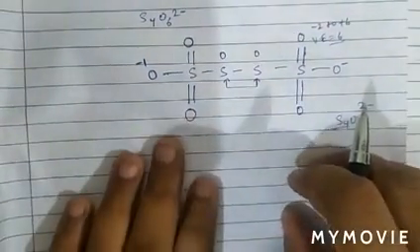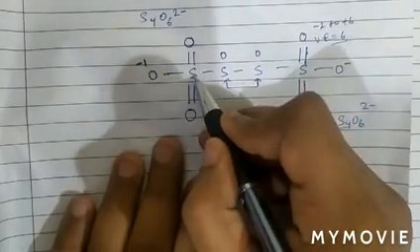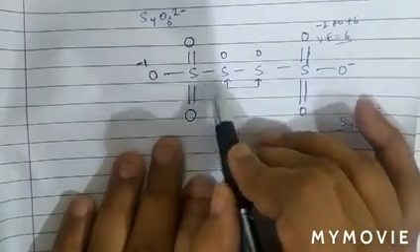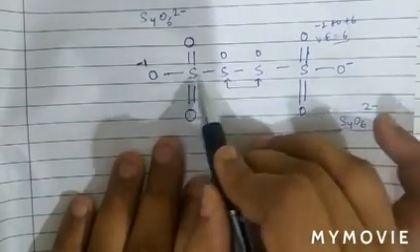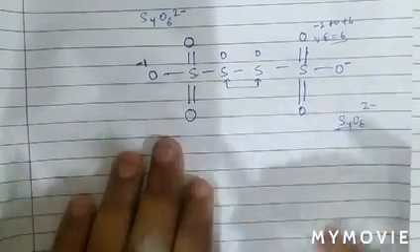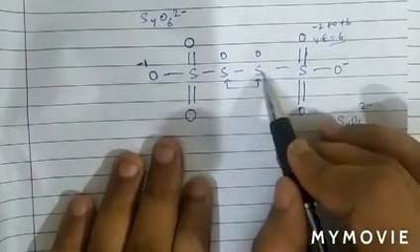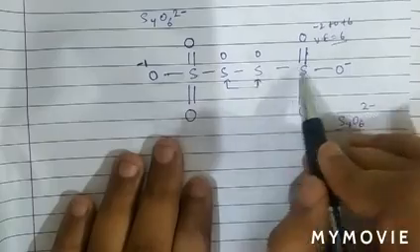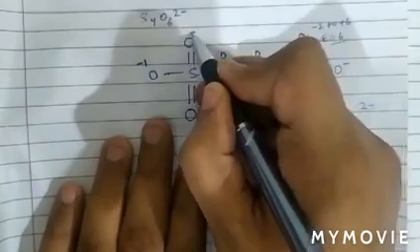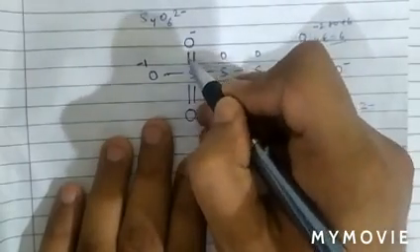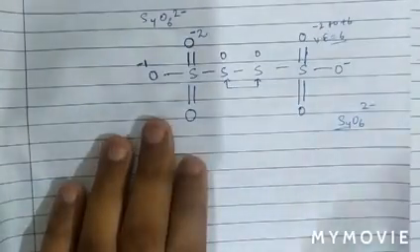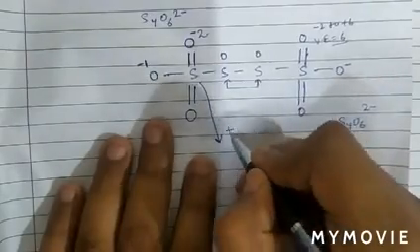Now this sulfur atom and this sulfur atom are both the same, so there is no sharing of oxidation number between these two sulfur atoms. Now, oxygen is more electronegative, so due to the two bonds, oxygen will get -2, so the charge on sulfur is +2.